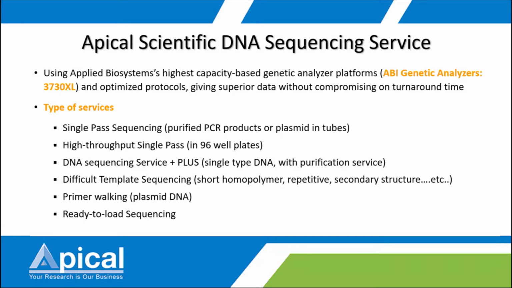If the sequence can still be passed through using this difficult template service, then it's okay. But if it cannot be passed through, because of the limitation in Sanger sequencing, then you may need to think of another method. If you're facing this, you can contact me and I can advise you on that.